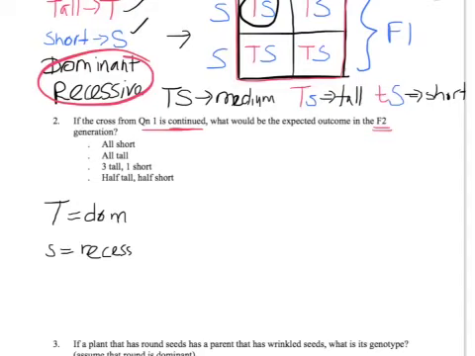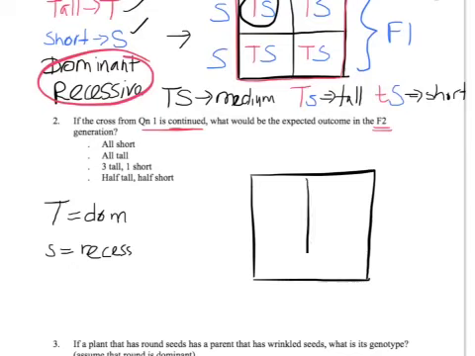Okay, so if I'm going to cross both my F1s, my Punnett square is going to look like that. My first parent is going to be a capital T and a small s, and my second parent is also a capital T and a small s.